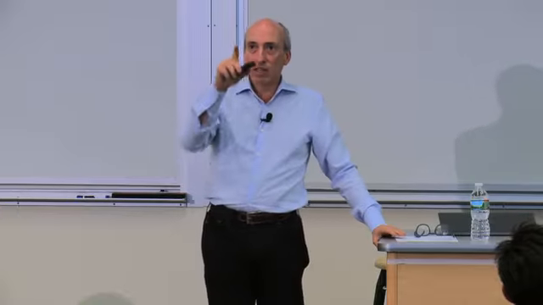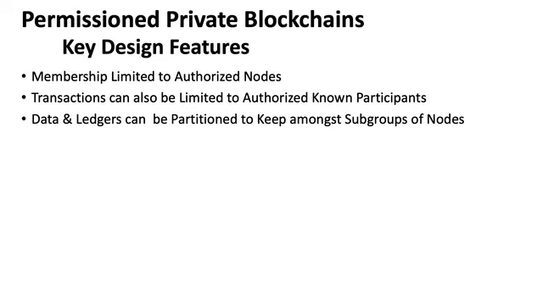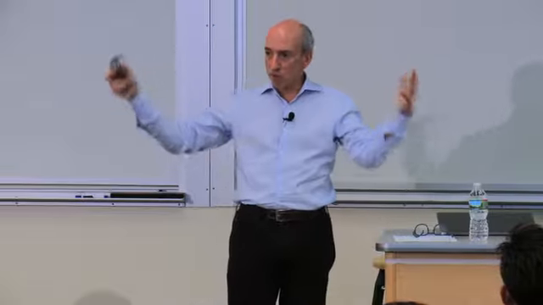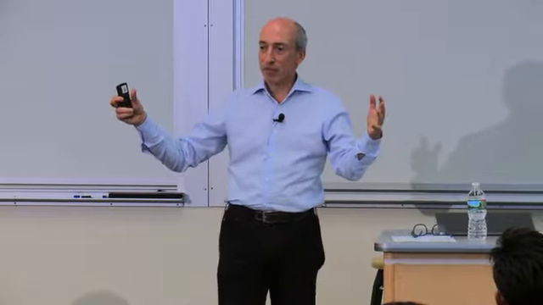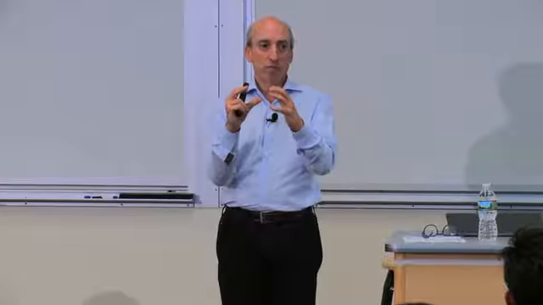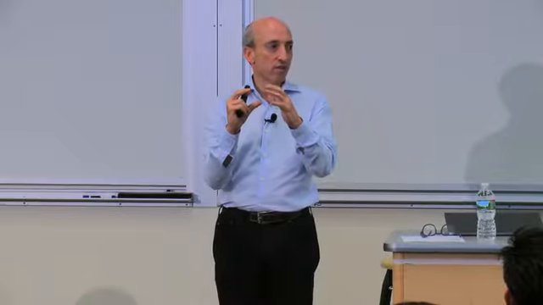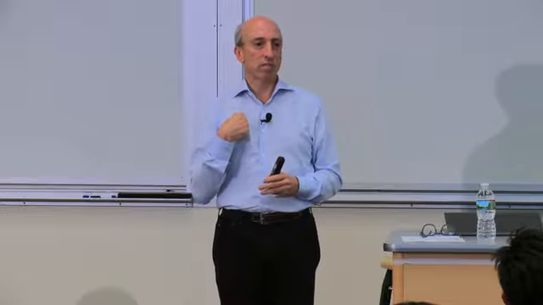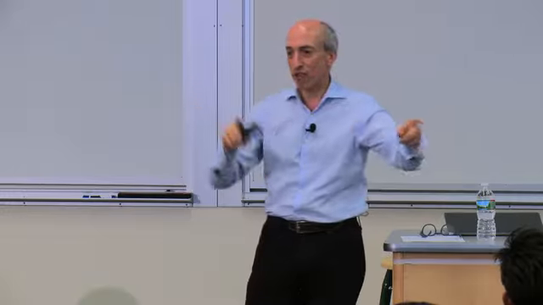And it's what I put up here as the second and third bullet point. The transactions can be limited to only authorized known participants. So in many permissioned systems, it's one broad technology. There might only be 20 people that can authorize transactions, but in some transactions it will only be Anton and me, and in other transactions it will be Alpha and Amanda.